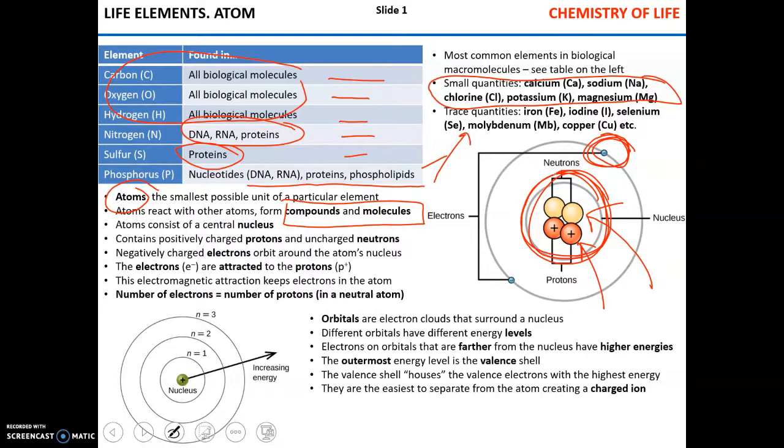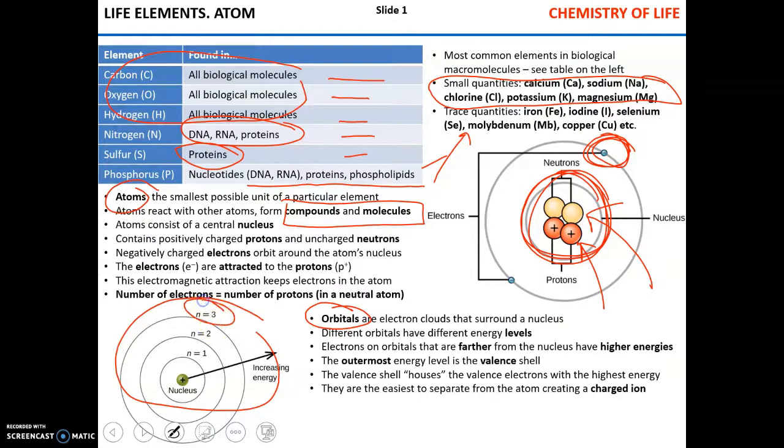Now, electrons orbit the nucleus along, more or less, circular lines that we call orbitals. They're not exactly lines, but different orbitals, shown here, have different energy levels, and the energy of an orbital increases as the distance from the nucleus increases.